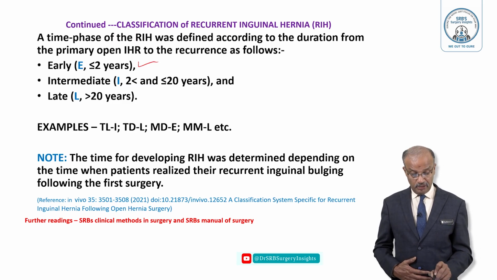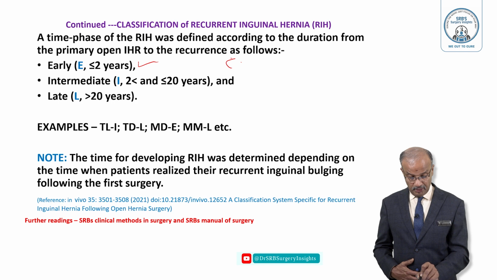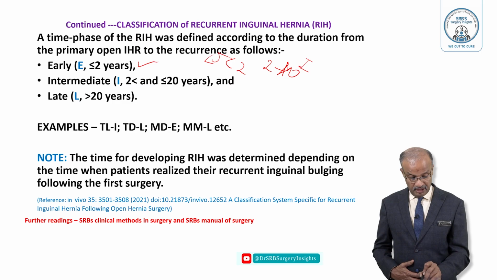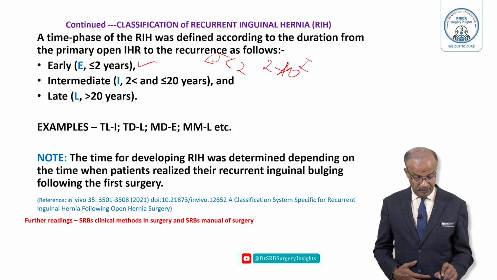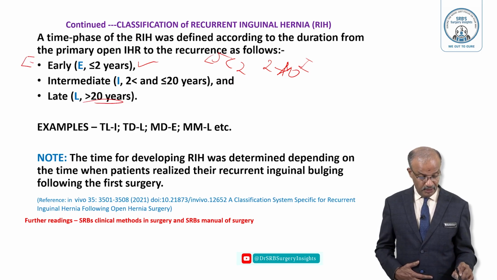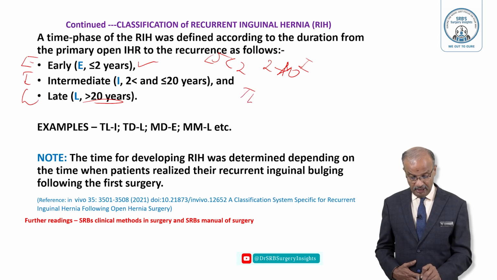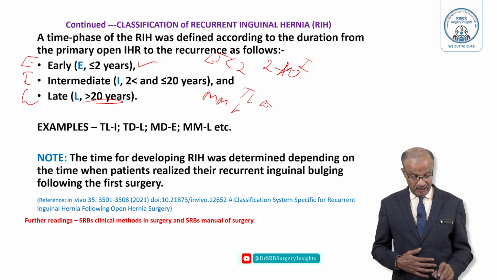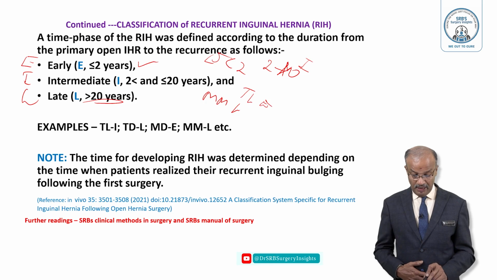Intermediate, between 2 and 20 years, is labeled I. More than 20 years is called late, L. So E, I, L. If it is a tissue repair, it is TL-E. If it is a mesh repair, it is MM-L. Like that it is named and classified: TLI, TDL, MDL, MML, and so on.